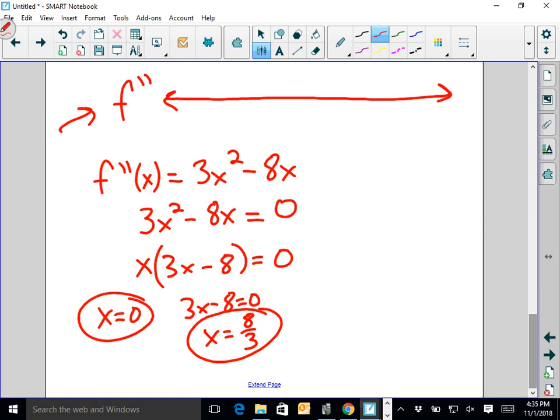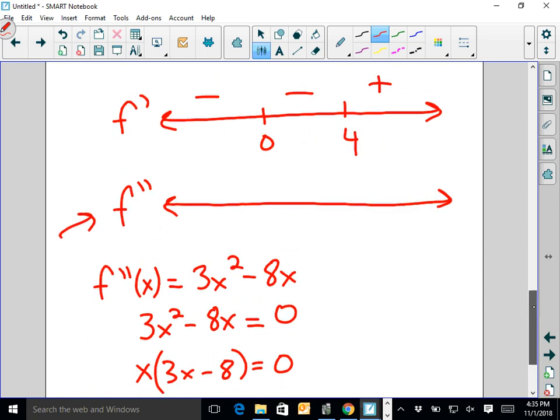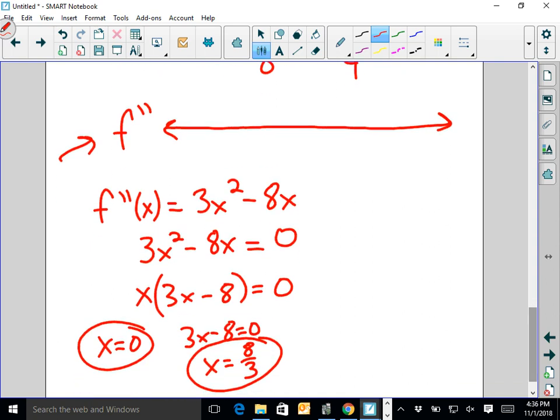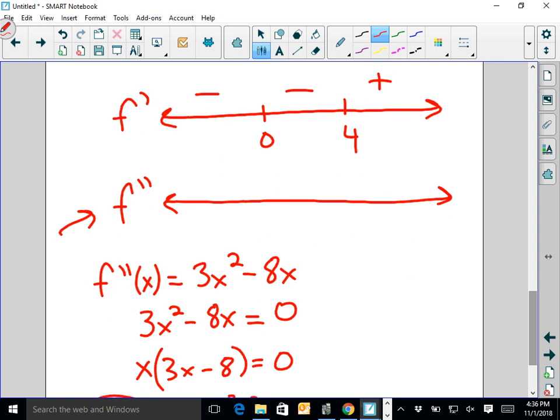So what I want to do here is plot 0 and 8/3 so they line up nicely with my f prime graph. Now 0 is going to be easy. I'll just make it directly underneath this 0. Now I have to think about 8/3. Where would 8/3 go? Well, 9/3 would be 3, so it's a little bit less than 3.